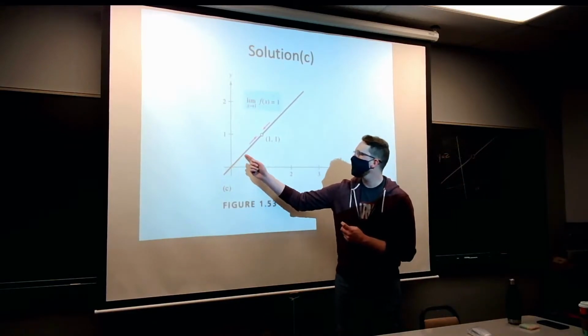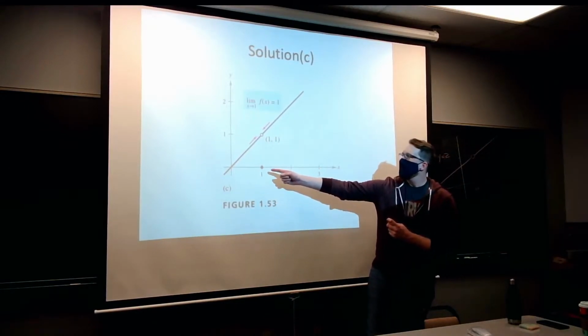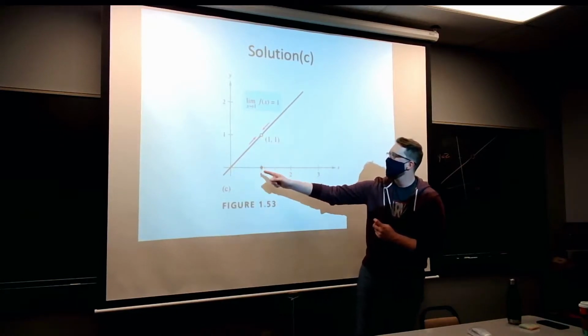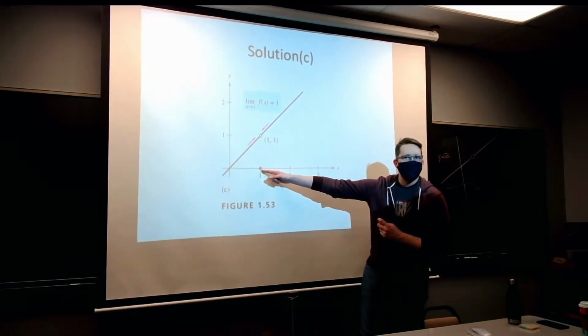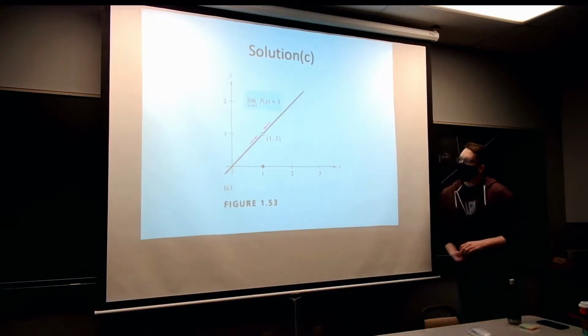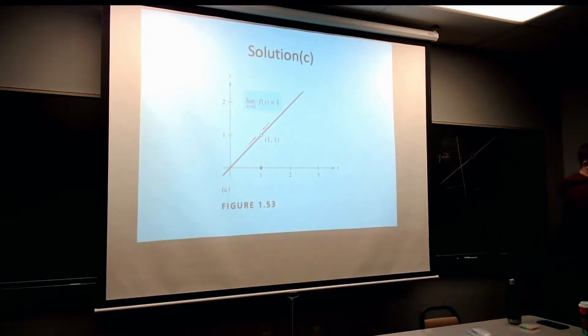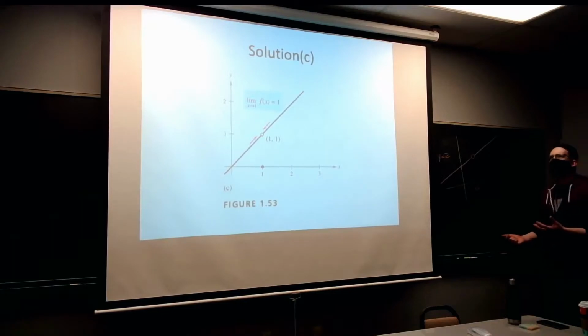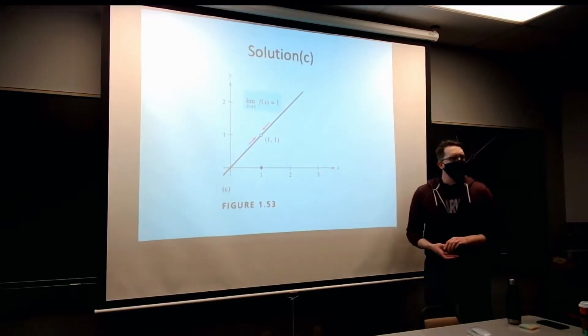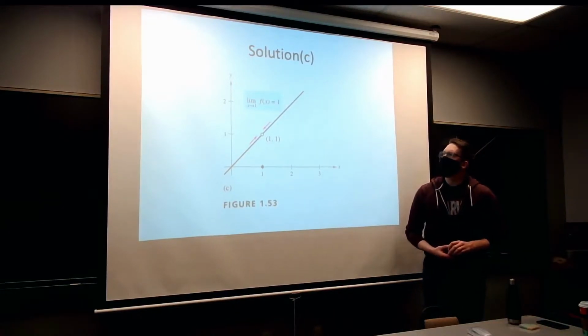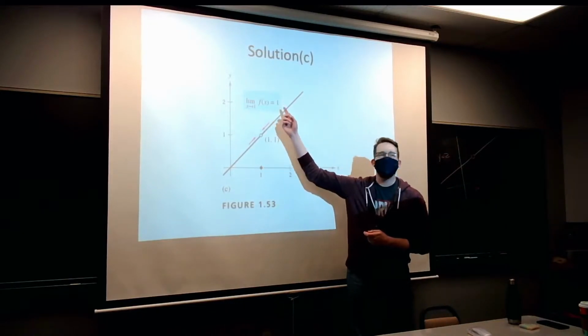So line x equal to y, with a hole at 1, 1, and a point at 1, 0. So our function has a value here at x equal to 1, right? But our limit's going to be 1.